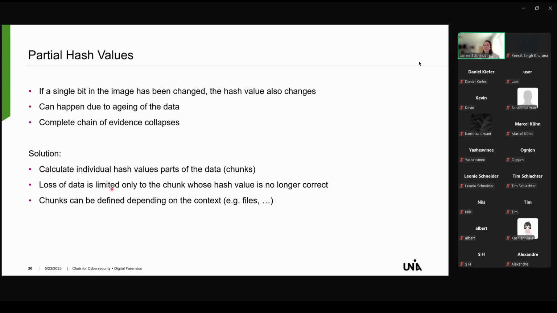And by that, the chain of evidence doesn't collapse if one single byte changes, because then you can say, okay, one single byte or bit changed in that specific file, or in that data chunk, in that partition. We don't use that anymore, for example, but the other stuff is still okay. We can still use that.